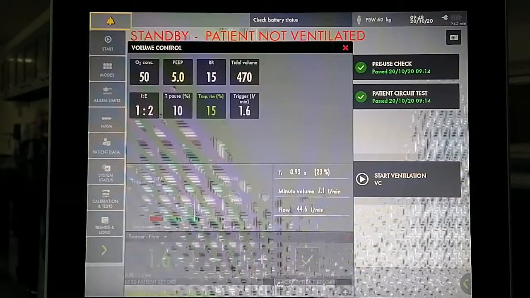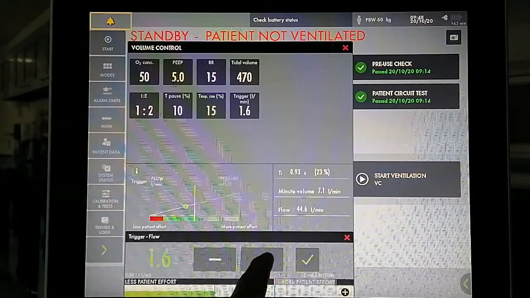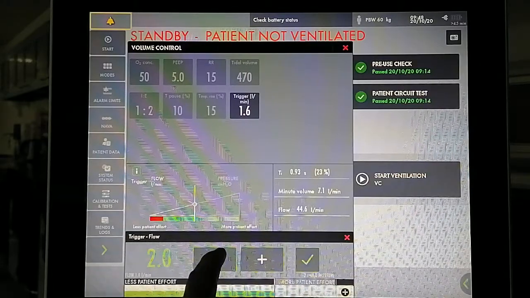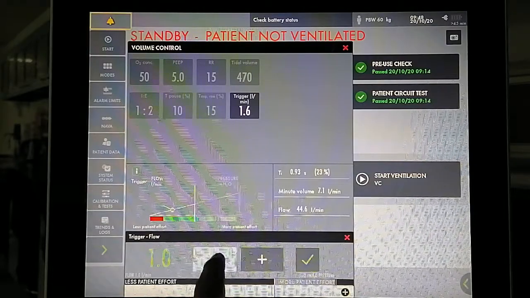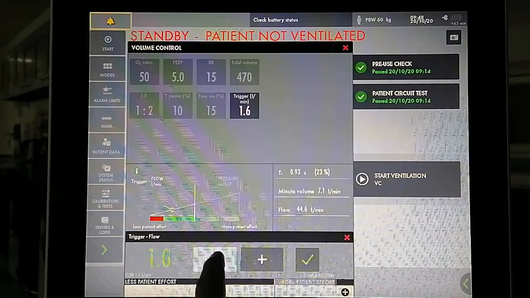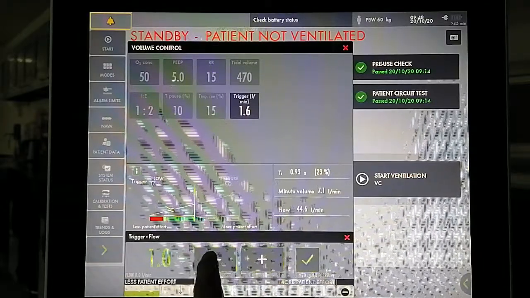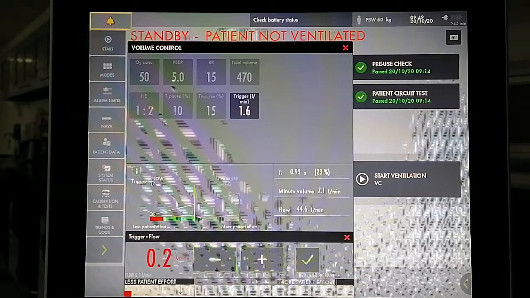And then of course your trigger. Usually we set the trigger at 2. You can see that the trigger, okay, that's your minimum. If you want, you can again press plus, and then you could go all the way.